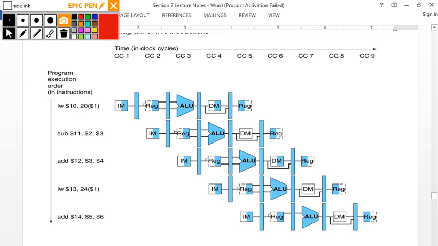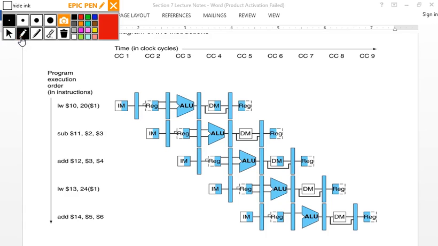Now, what are some issues that could happen, do you think? We already discussed one. We called it a control hazard, right? Any ideas? Let me give you a nudge.